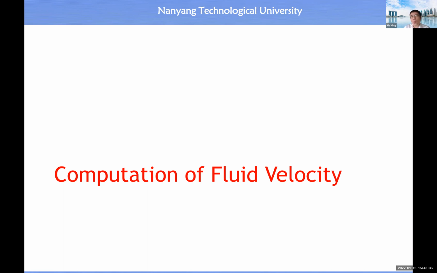So now we are ready to study the way of doing indirect measurement and the way of doing direct measurement. So we start with the possible way of undertaking indirect measurement by doing computation, right?